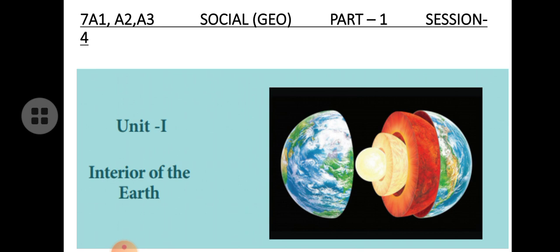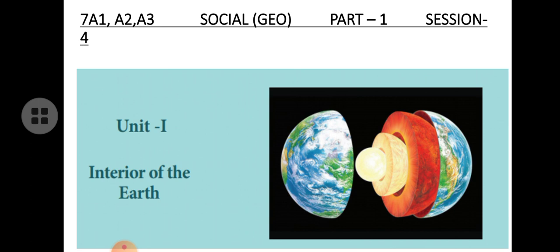And today we are moving into a new lesson of geography, and the title of our lesson is Interior of the Earth. In this lesson, we are going to study the features and materials involved in the making of our planet Earth.